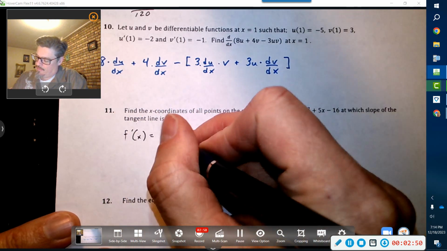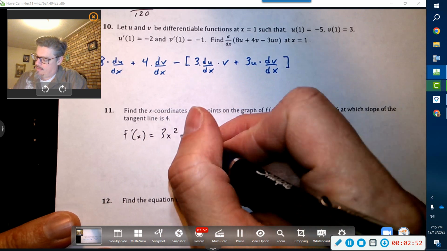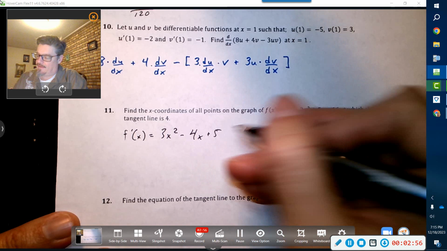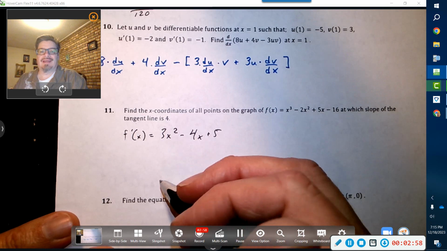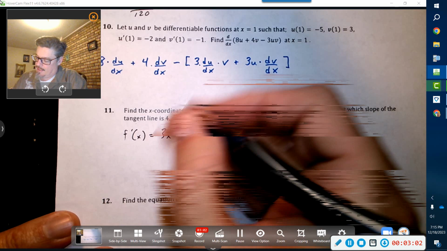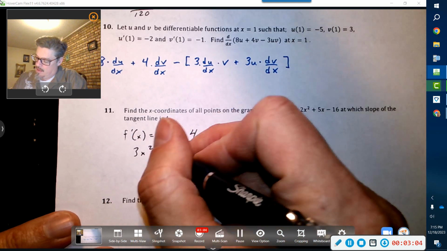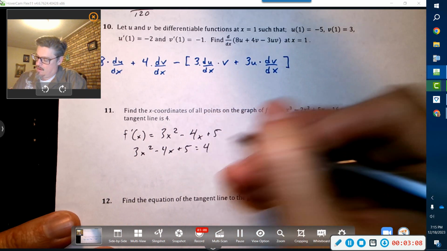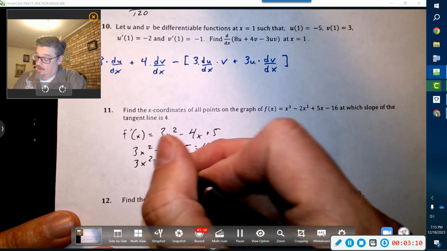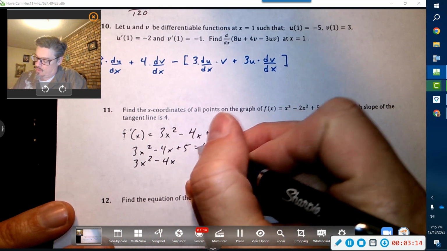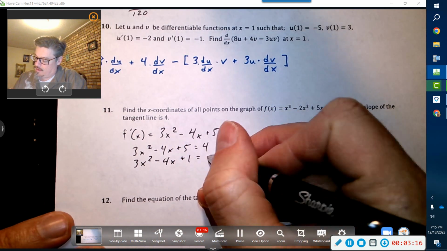That would be 3x squared minus 4x plus 5. So what we want to do is set this equal to 4. Now we have to solve this because we want the x-coordinate. So swing it over there, plus 1 equals 0.